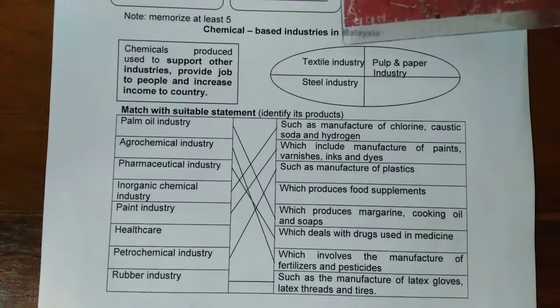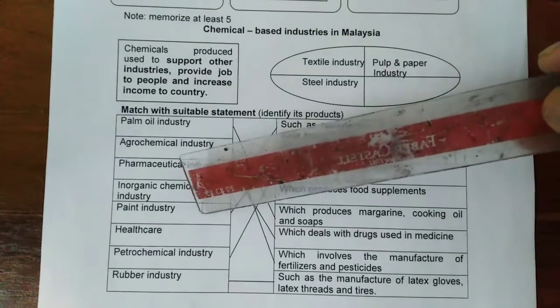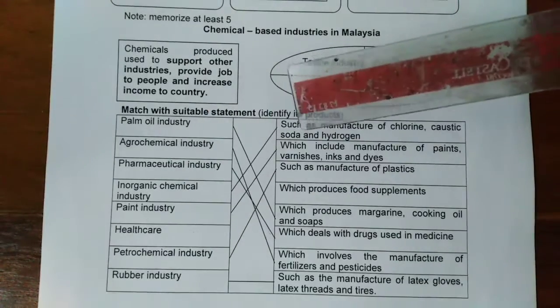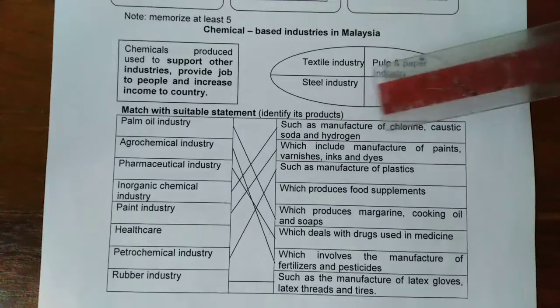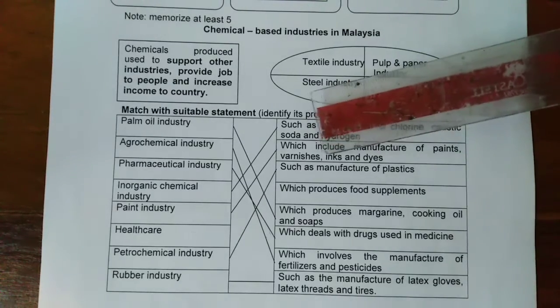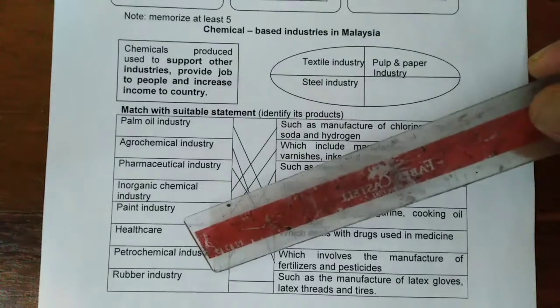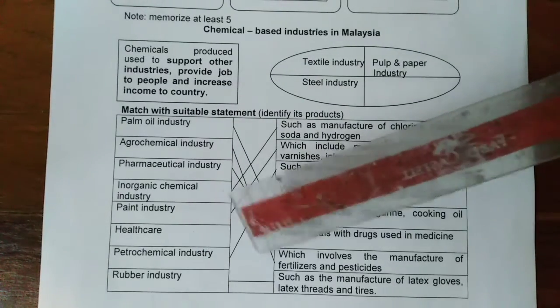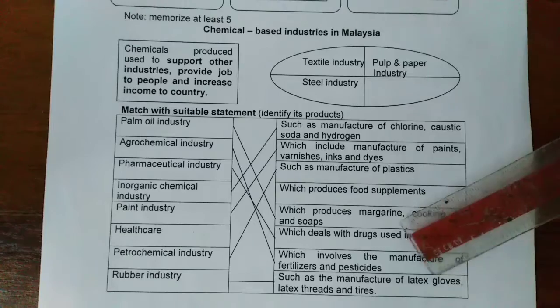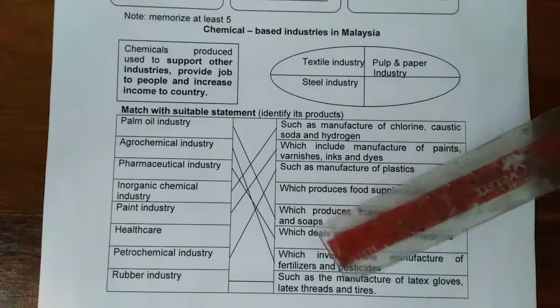What is the manufacture of paint industries? Paint industries manufacture paints, varnish, inks, and dye. And what is the manufacture of rubber? Rubber industries manufacture latex gloves, latex straits, and tires.